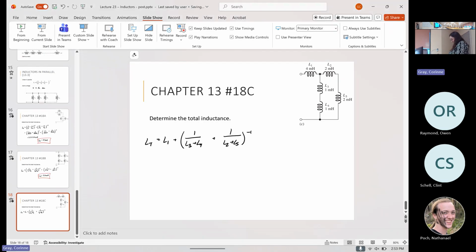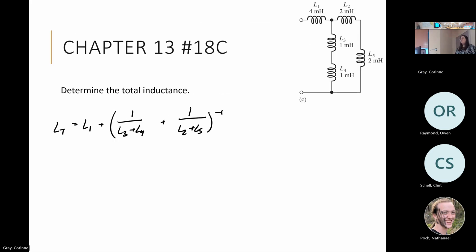Do I need to worry about units? Why not? All in millihenry, so again, we don't need to stress about the units for that.